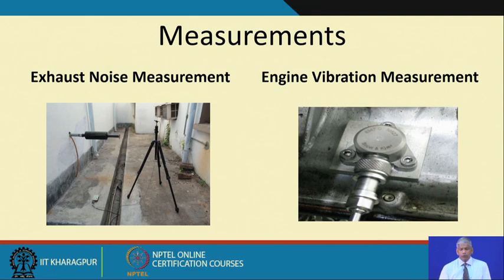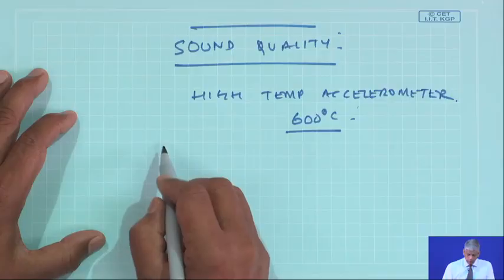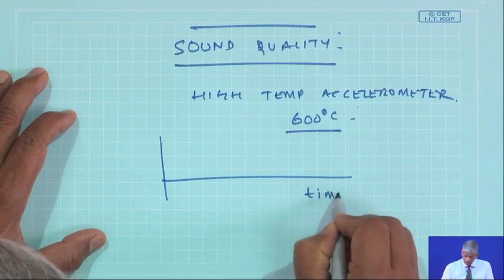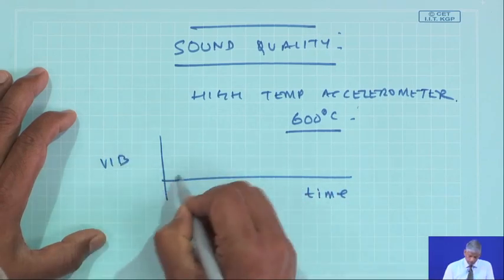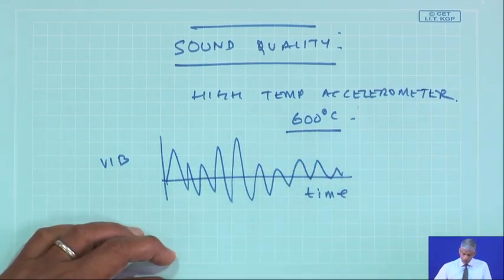So, once we have got the signal, for those of you who are interested, I will get a time domain signal, be it vibration, of a good engine or a bad engine.